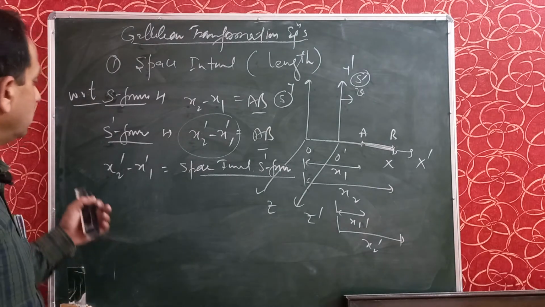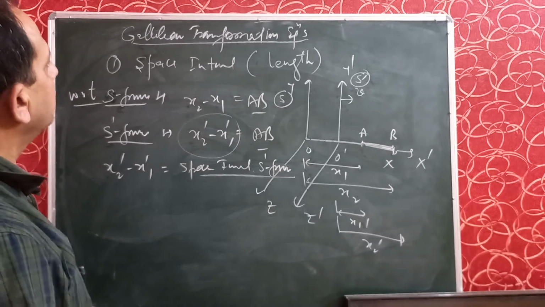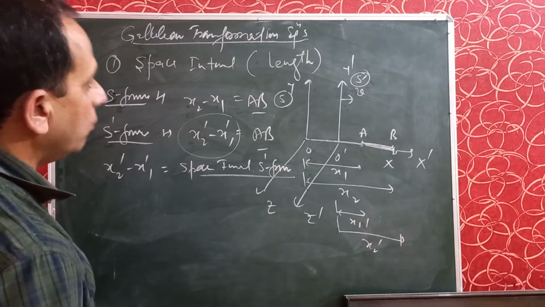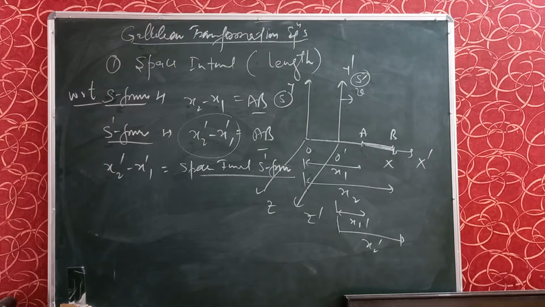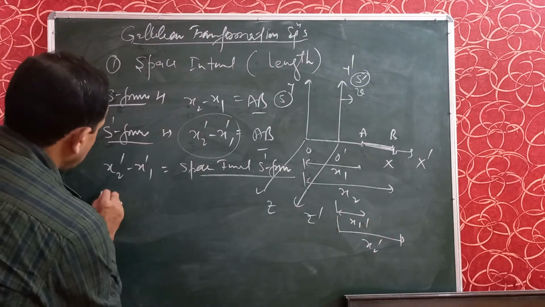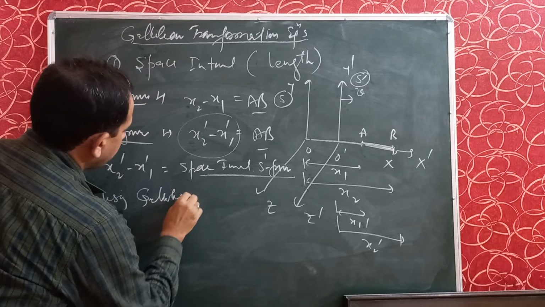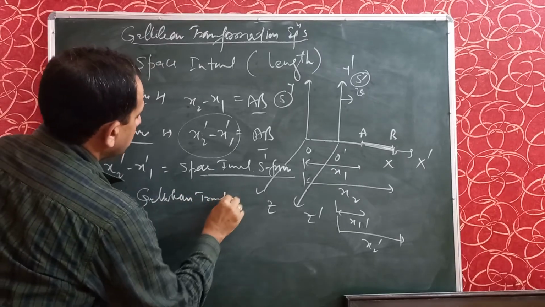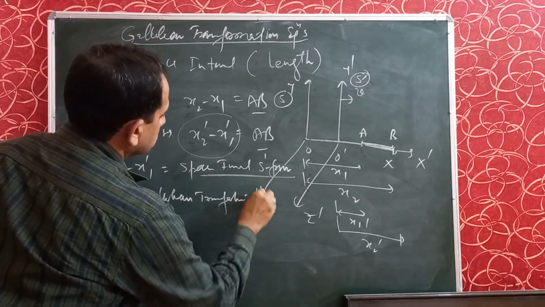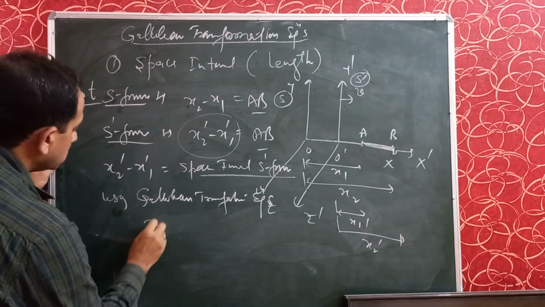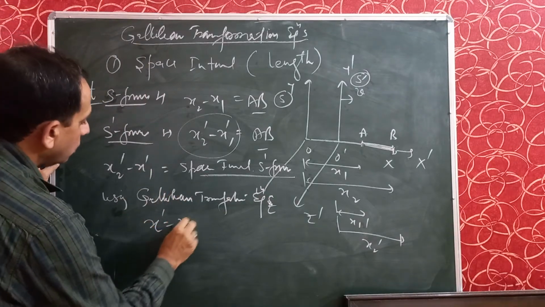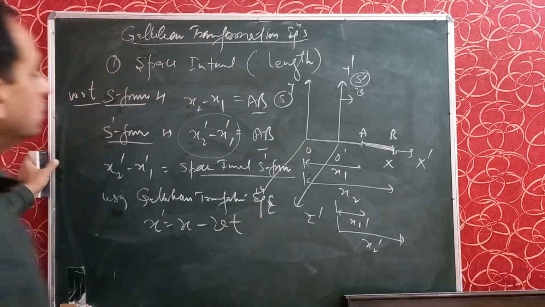Now we will apply the Galilean transformation equations we have already studied in the previous lecture, that is x dash is equal to x minus vt.